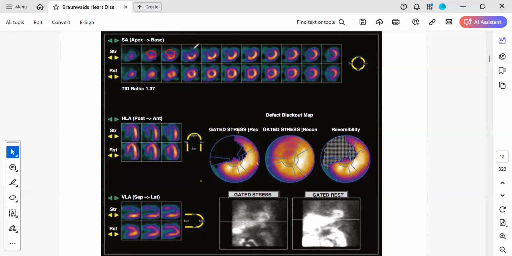Then if you look at the horizontal long axis, the second image down towards the left, you see that the posterior aspect also has a perfusion defect. If you look down again at the vertical long axis, VLA, you see that the septum is also affected.